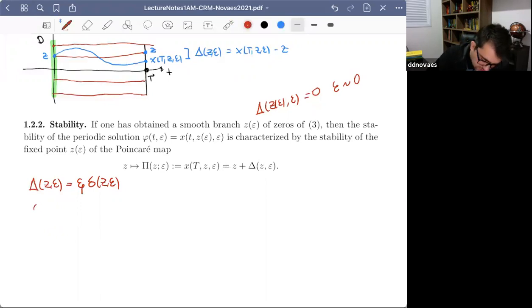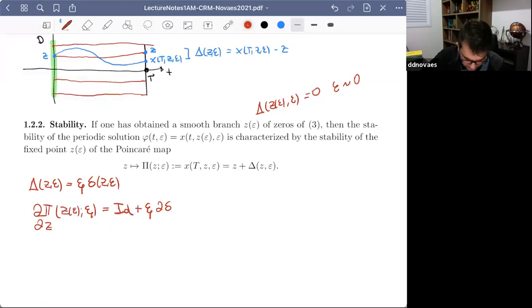When we compute the derivative of the Poincaré map with respect to the spatial variable at the fixed point, what we have is the identity matrix plus epsilon multiplied by the derivative of delta with respect to the spatial variable at (z_epsilon, epsilon).